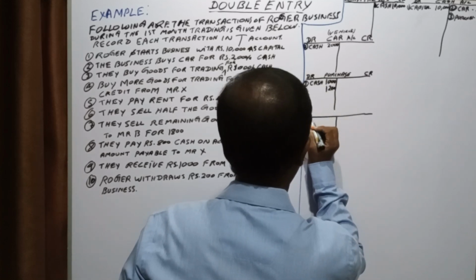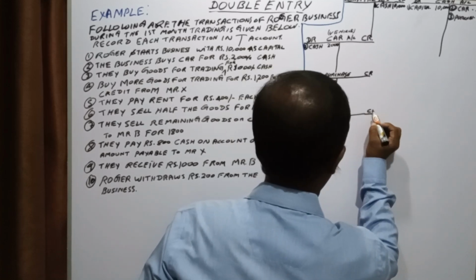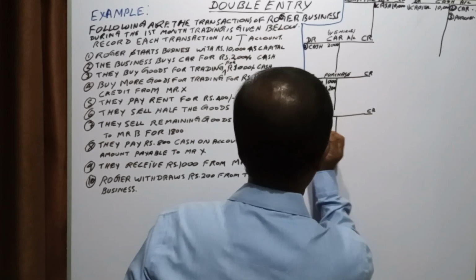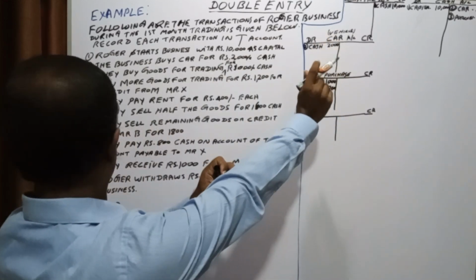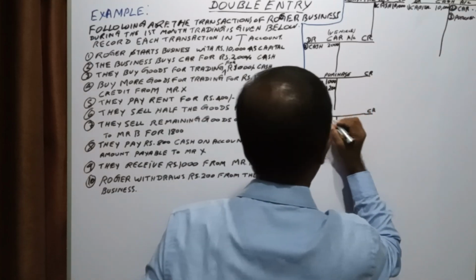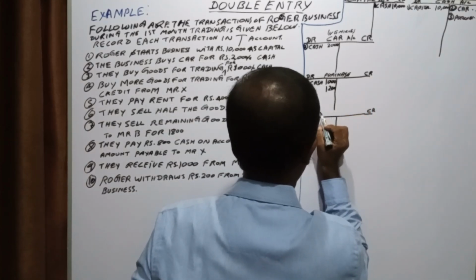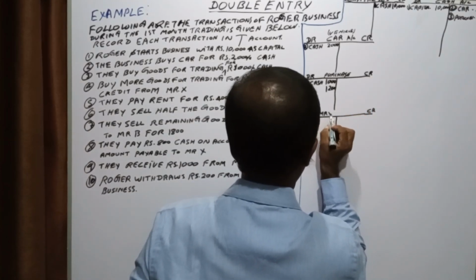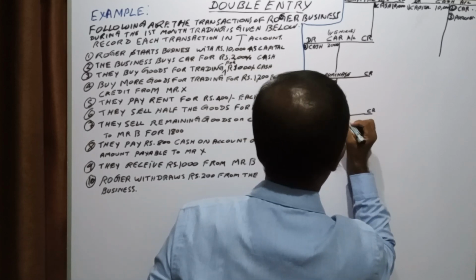This is debit and this is credit. Who is that person? Creditor, Mr. X.